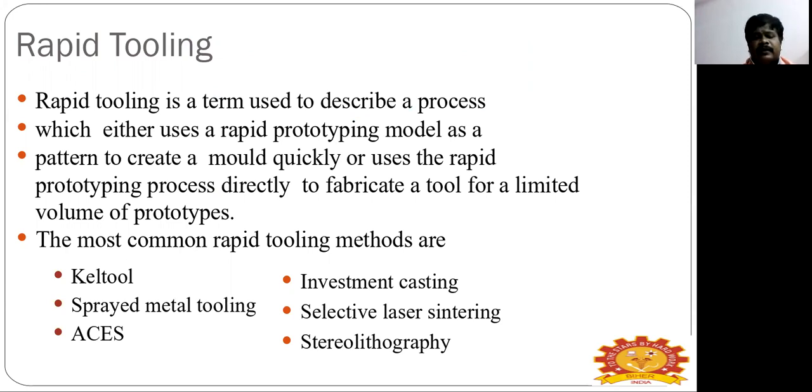So rapid tooling is when rapid prototyping techniques and conventional tooling practices are used together to produce the mold quickly. We use this process to prepare the parts of a model from the CAD data in less time and at a lower cost compared to traditional manufacturing methods.